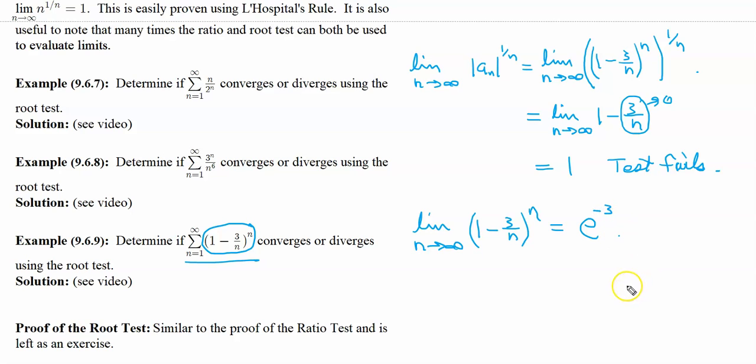Remember that result from previous discussions of L'Hopital's rule, and then we ran across it previously when we were studying series. Now e to the negative third, of course, does not equal 0. So the limit of the a_n terms here does not equal 0. So therefore that series diverges by the nth term test.